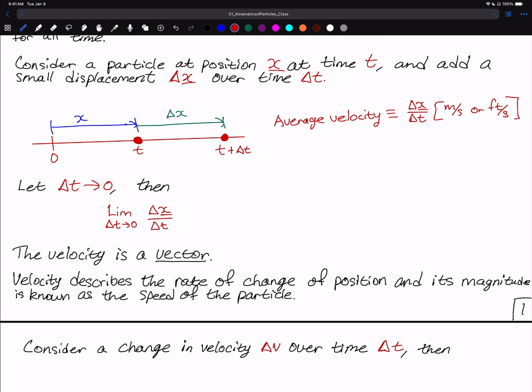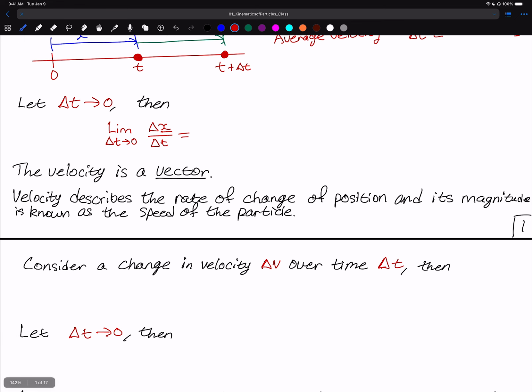So if we take the limit of delta x over delta t, as delta t goes to 0, this will be equal to dx vector over dt. So this is going to be the time derivative of that position. We'll call this x dot of t, or we'll also call it v of t.